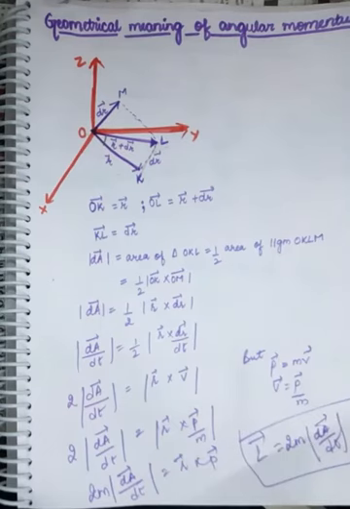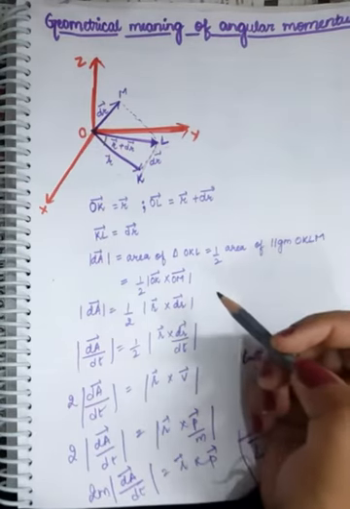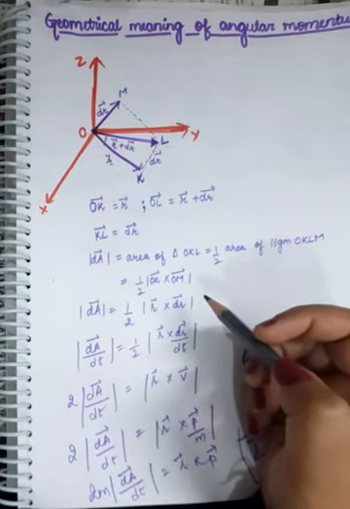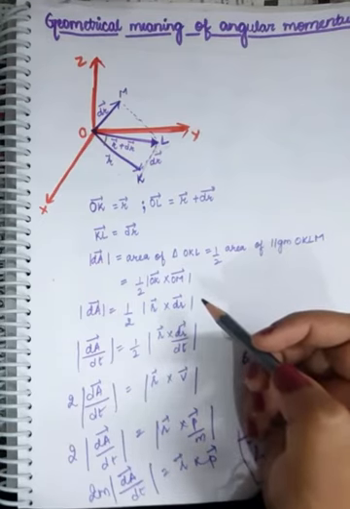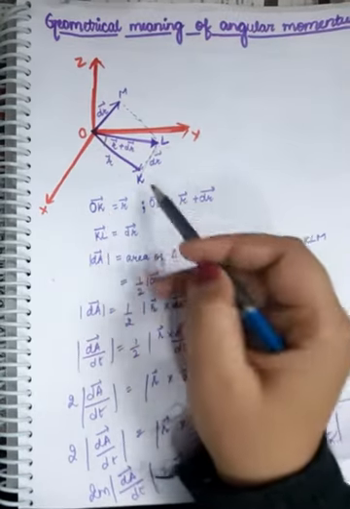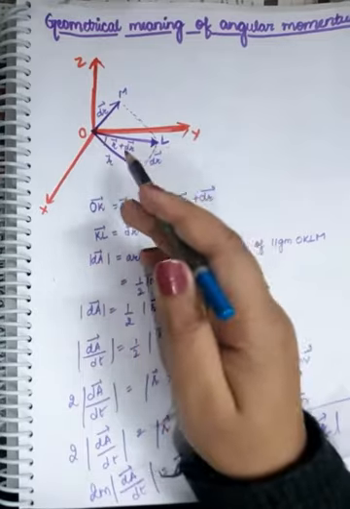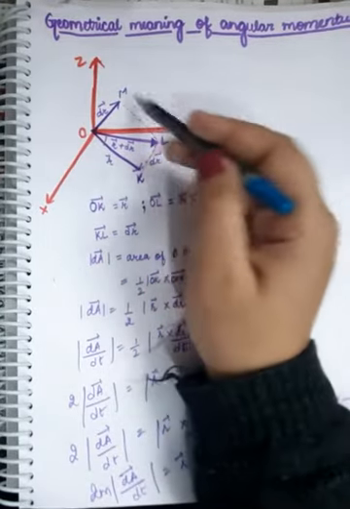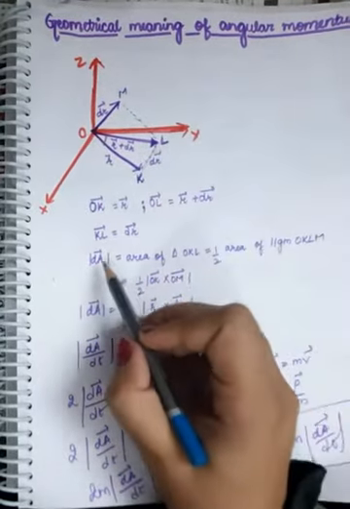We know that area can be calculated by the magnitude of the cross product. The cross product has a geometrical interpretation that whenever we find its magnitude, it gives the area of the parallelogram, and half of it is the area of the triangle. It's as simple as that.